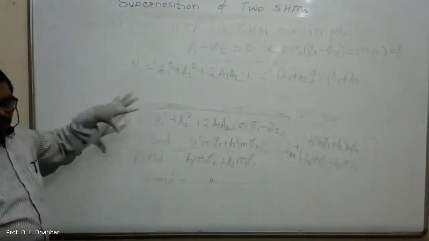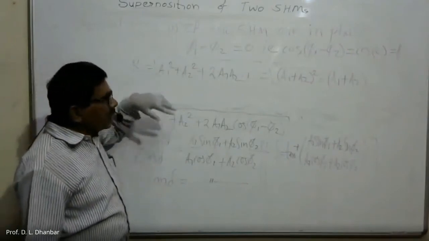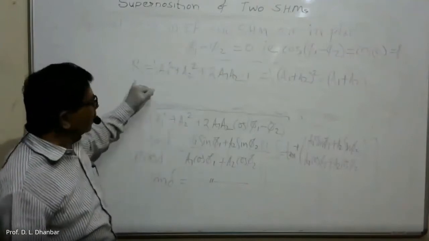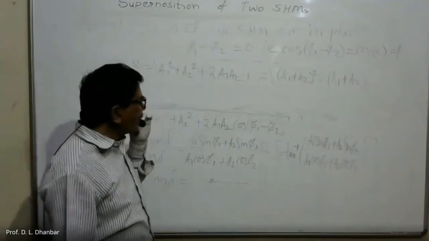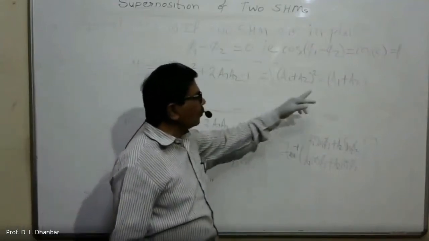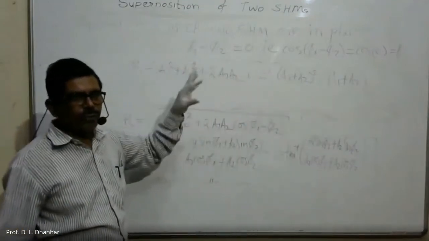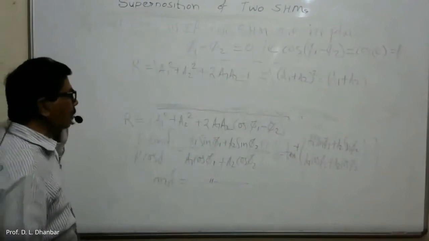If there is no phase difference between the two simple harmonic motions, that is, if they are in phase, then the resultant amplitude of the resultant simple harmonic motion is equal to the sum of the two individual amplitudes, a1 plus a2.